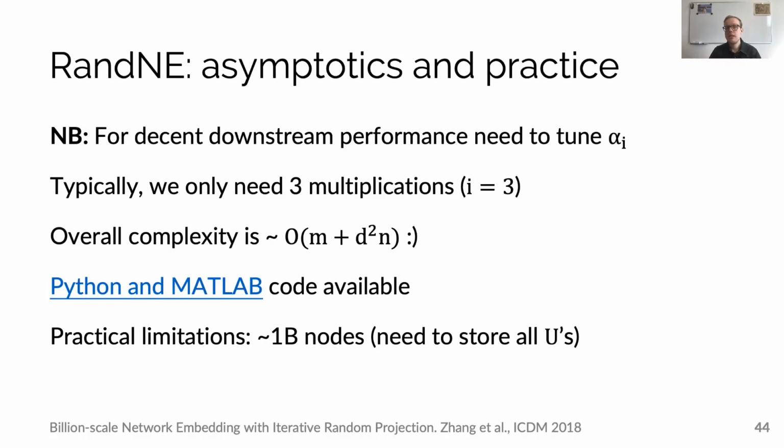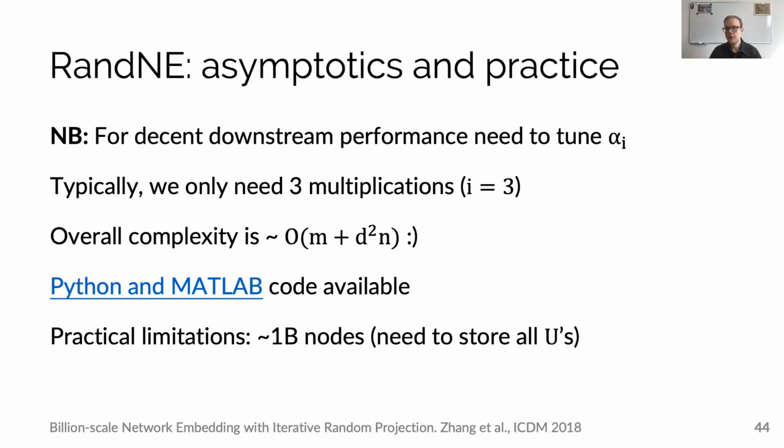We need just 3 sparse matrix-matrix multiplications, so the overall complexity is really nice. The authors made Python and MATLAB code available. The practical limitation of that method is on the order of billions of nodes.